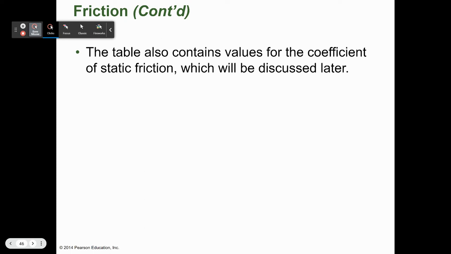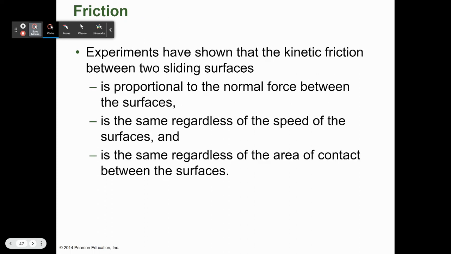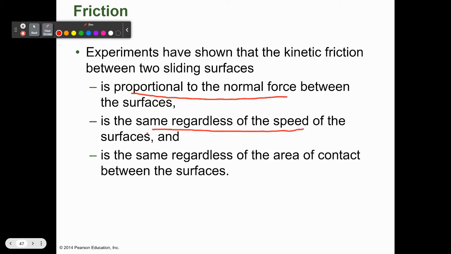All right, so the table also contains values for the coefficient of static friction. We'll talk about it later. Moving on. Experiments have shown that kinetic friction between two sliding surfaces is, number one, proportional to the normal force; number two, the same regardless of the speed of the surfaces; and number three, the same regardless of the area of contact between the surfaces.